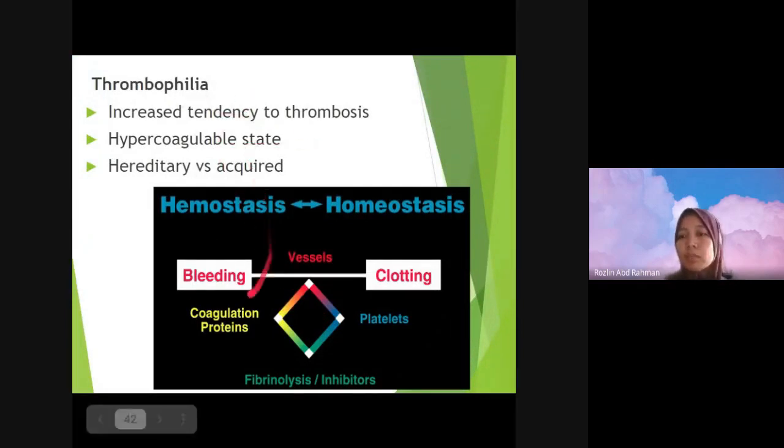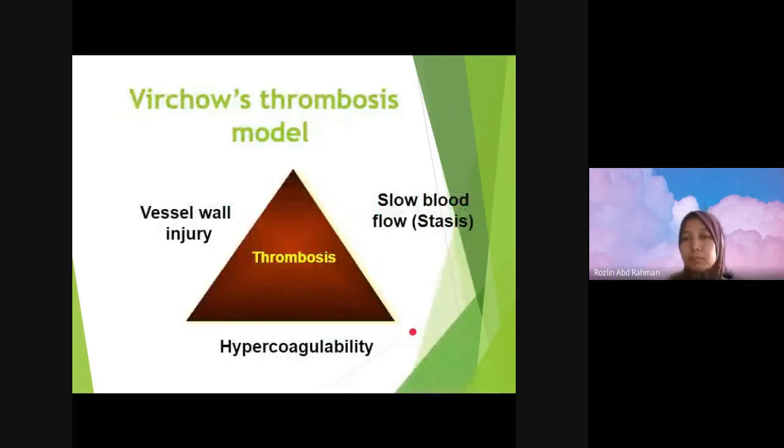Alright. So anything that causes imbalance will lead to the imbalance in your homeostasis. So remember, for hypercoagulable state, any inappropriate activation of your blood clot in uninjured vessels ataupun thrombotic occlusion from the vessel after minor surgery can cause all this lah.